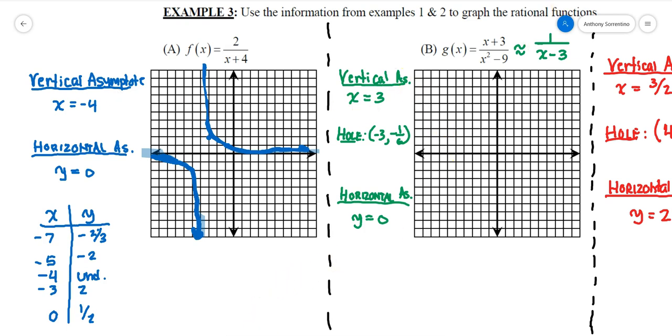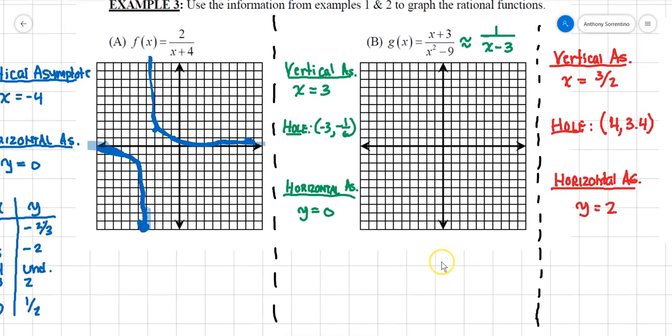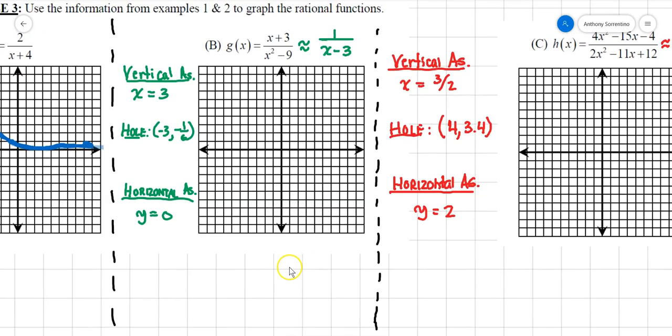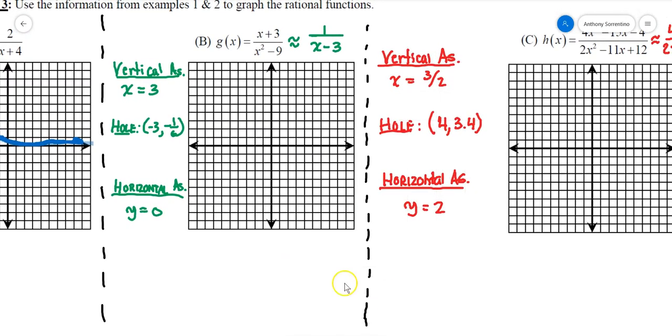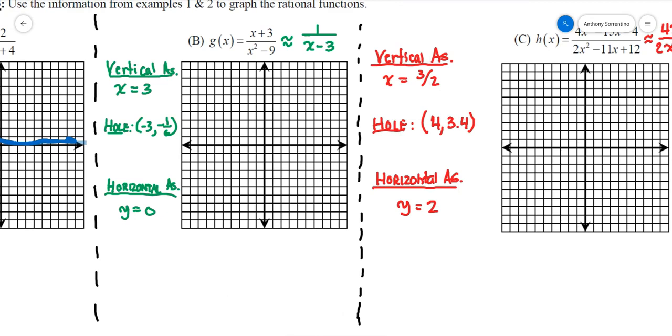When I go to part B, again, I have minimal information here. I mean, I do actually have one thing that acts as a point, but starting off, I have x equaling 3. Make it a little softer here.